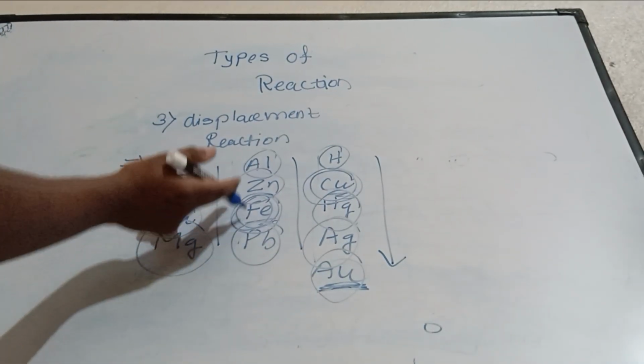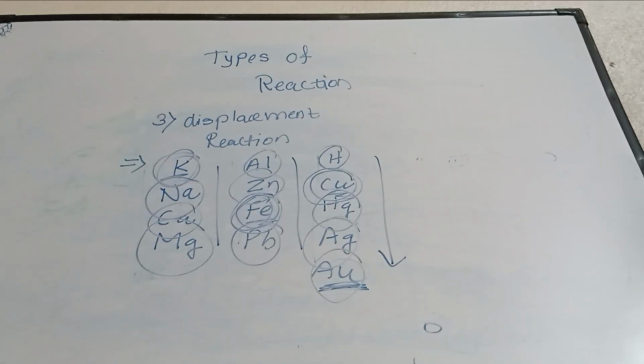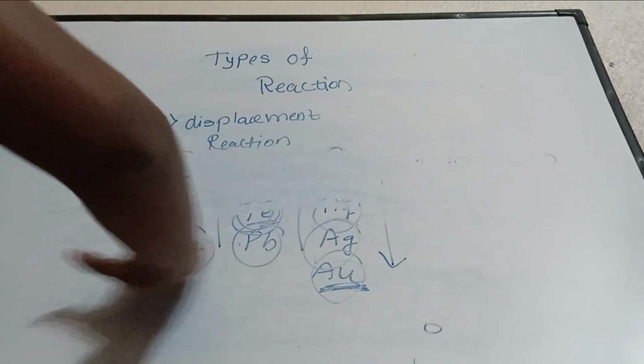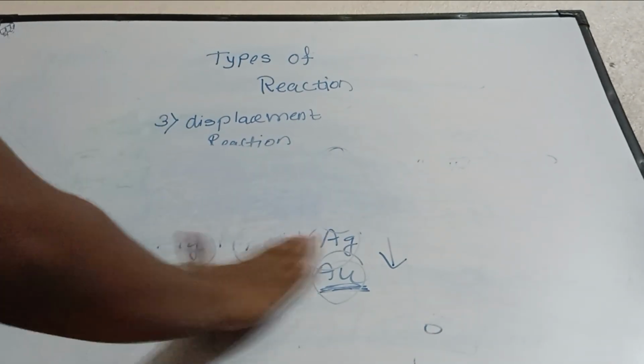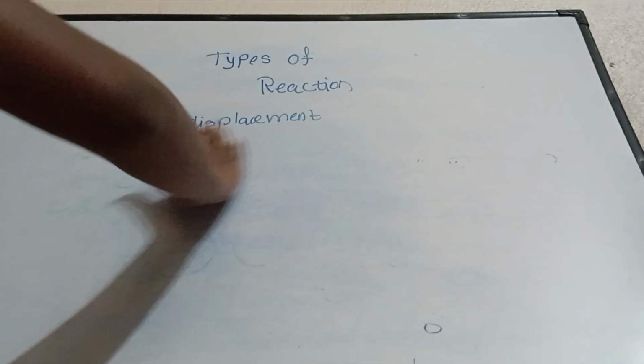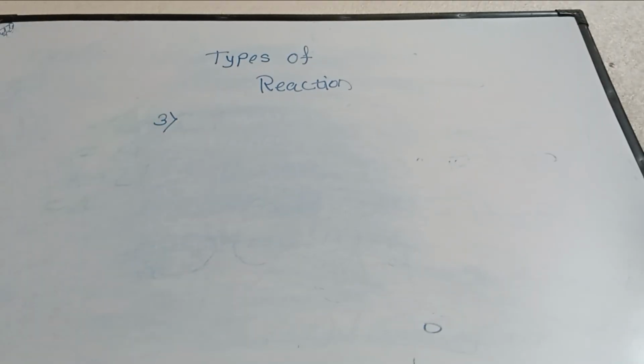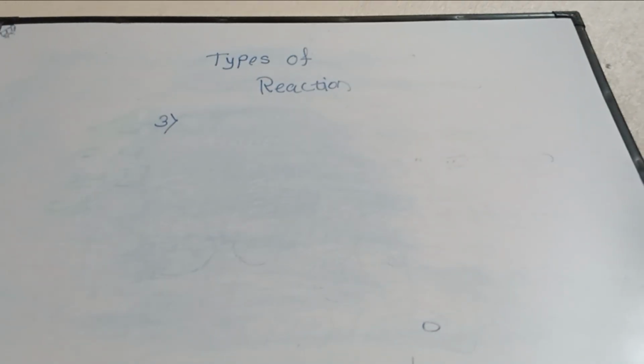Only the elements which are above iron can displace iron. So this was the displacement reaction. I hope you all understand. If you want a more detailed version of only displacement reaction, make sure to comment. It's all free. I'll make a series.